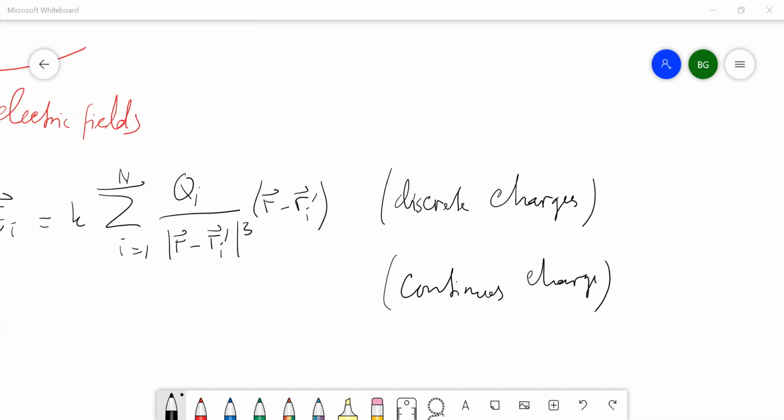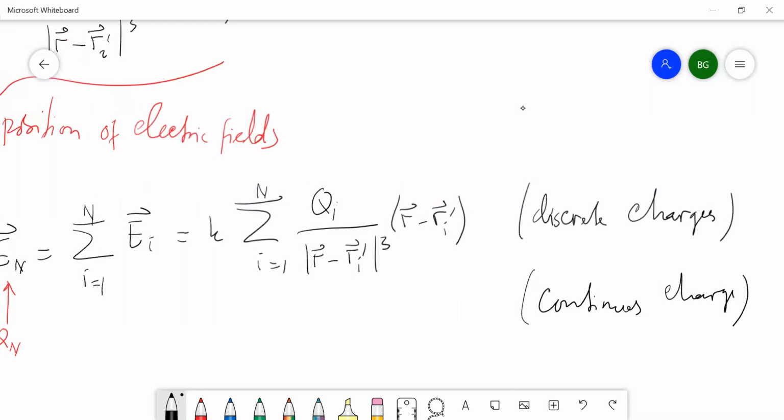Excuse me, sir, what does it mean by discrete charges? Discrete charges mean that we have, let's say, 1, 2, 3, integer numbers.